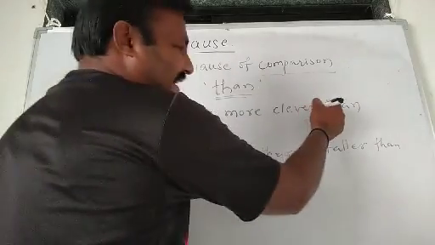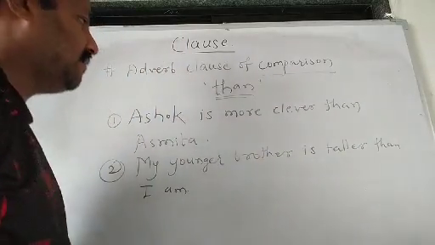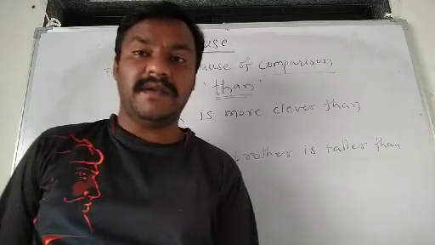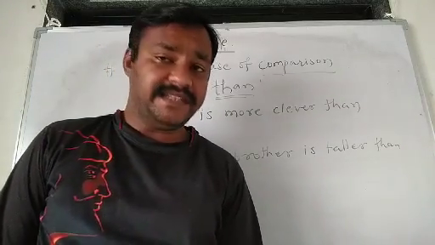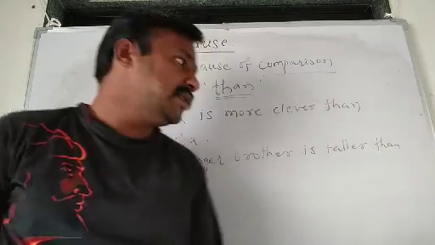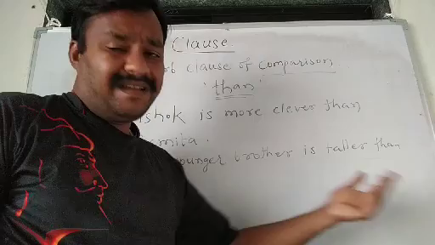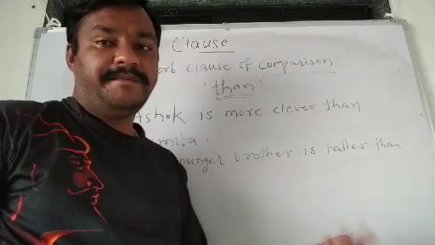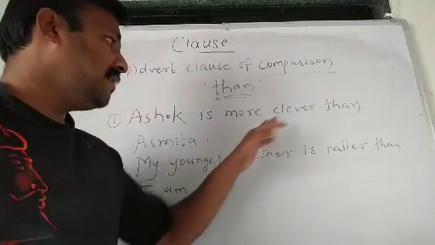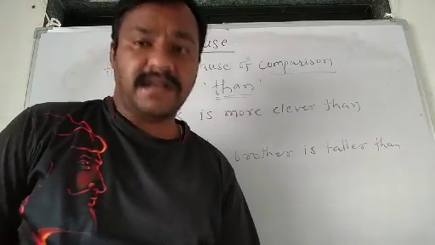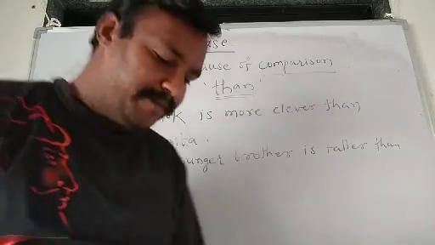Here we can add er also, cleverer, but the rule is that whenever there are one syllable adjectives, then we have to add er or est for making it comparative and superlative. But for clever, some people say cleverer, we can say that also, that is also correct.